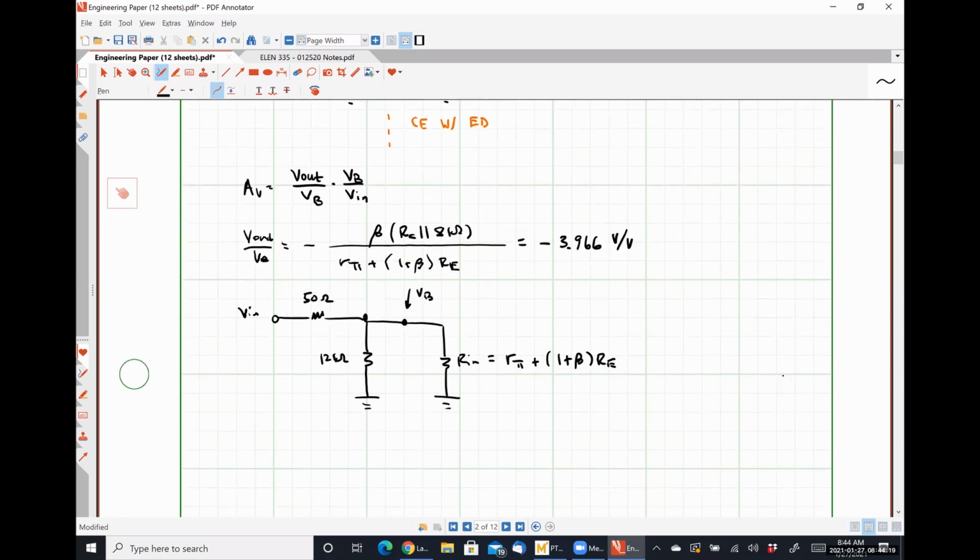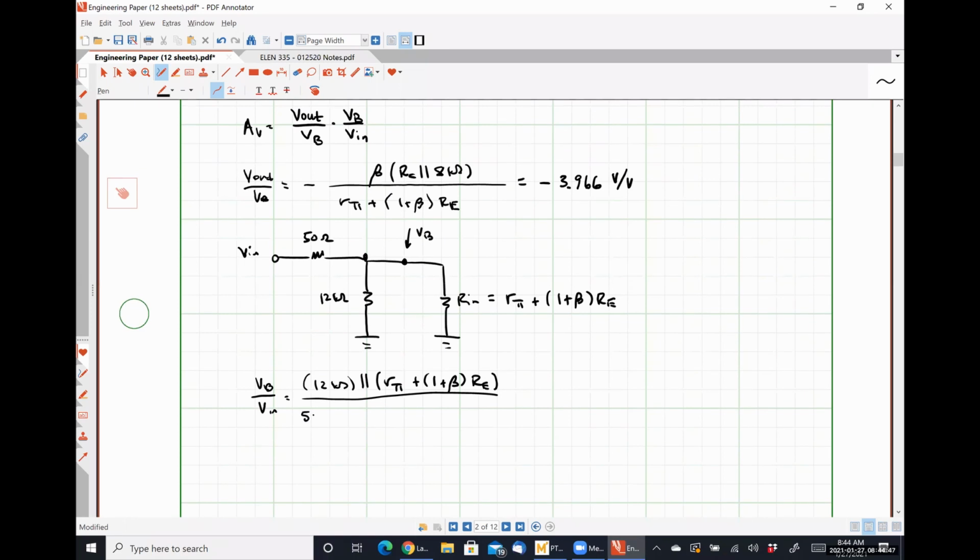And so, using our rules for voltage division, we can see that VB divided by VN is going to be 12 kilo ohms in parallel with R pi plus 1 plus beta RE, divided by 50 ohms plus 12 kilo ohms in parallel with R pi plus 1 plus beta RE.